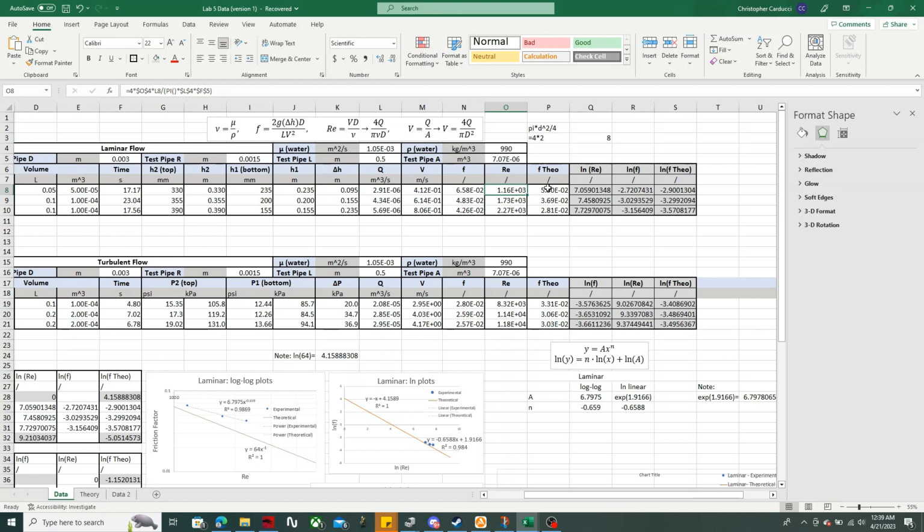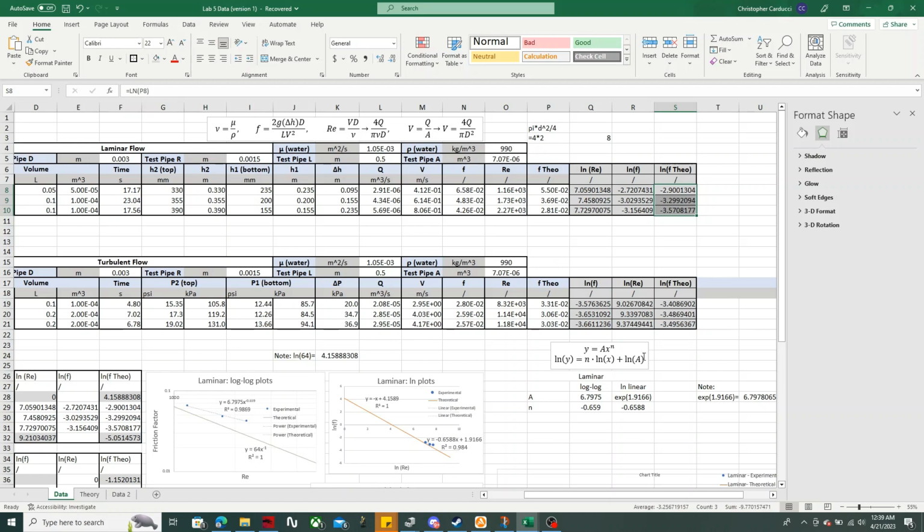Now this grade region right here will be used later in another way to look at your data. I'll cover this soon, but I recommend you have a column. You will have to do this, by the way, for the turbulent flow, but have a column that is the natural log, ln, of the Reynolds number, your experimental friction, and your theoretical friction. Okay?